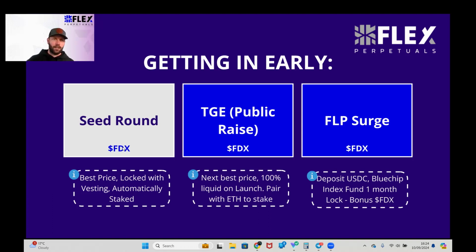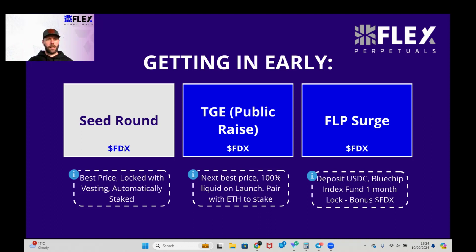And as a thank you for providing that liquidity at the outset, you will receive a bonus of FDX tokens that you can then use in various different areas inside of the platform. So the seed round and the TGE are just purely for an allocation of FDX. And then the FLP surge, you'll get your FLP liquidity plus a bonus of FDX tokens.